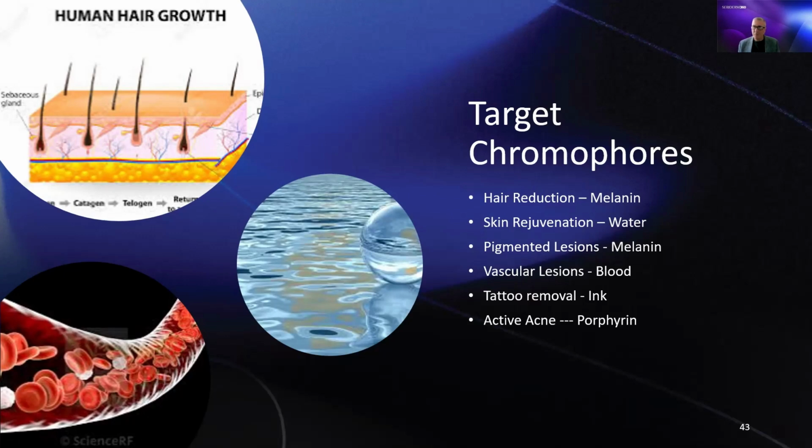So for tattoo removal, you've got various colors. You can need various different wavelengths to create the effect. And for active acne, it's porphyrin. I am doing a lecture coming up soon on the treatment of acne because there have been some brilliant new breakthroughs. There's two breakthroughs: 1726, which targets sebum, and then there's a 585 very short pulse laser, which targets a bit of porphyrin, but it creates an immune reaction within the system.